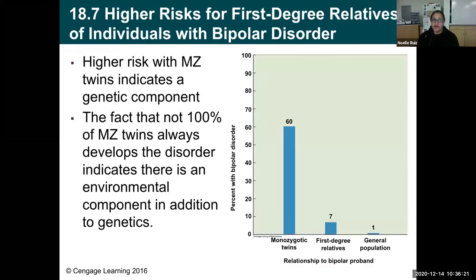The higher risk with monozygotic twins indicates a genetic component, like I said. The fact that not 100% of identical twins always develop the disorder indicates there's an environmental component in addition to genetics. So the gene might be there, but something in their environment has to trigger it.